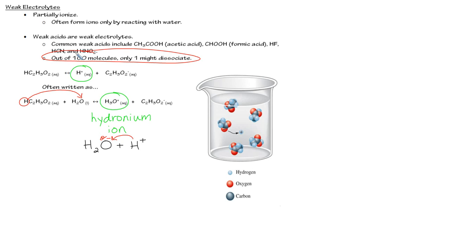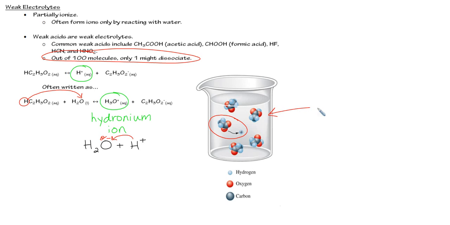In a weak acid, maybe 1 out of 100. And that's what they're trying to show in this picture. Now, they don't have 100 molecules here, but I've got 1 molecule that's split to form the little baby hydrogen ion, and then this would be the acetate ion. But most of the other molecules are neutral.